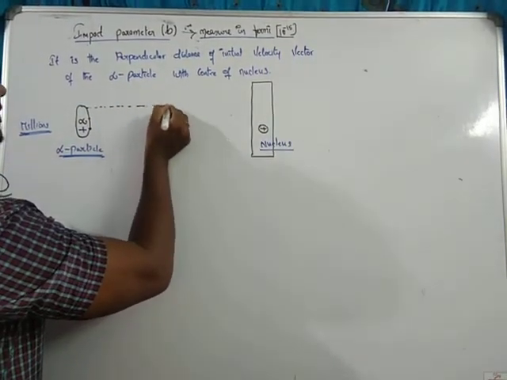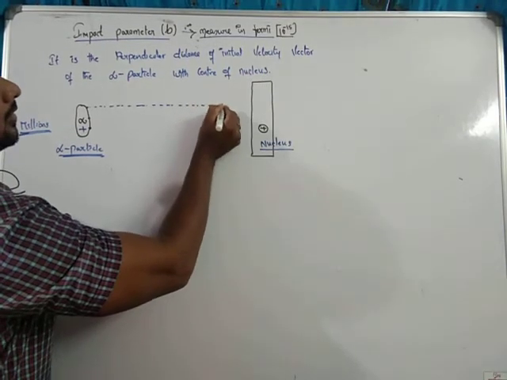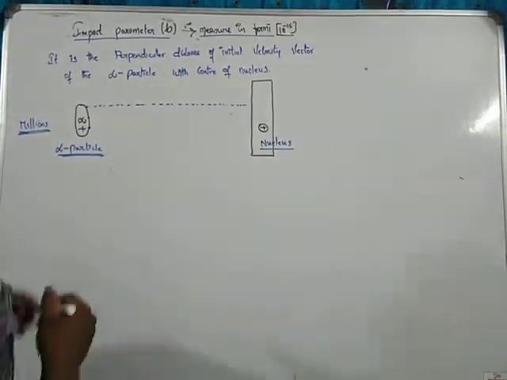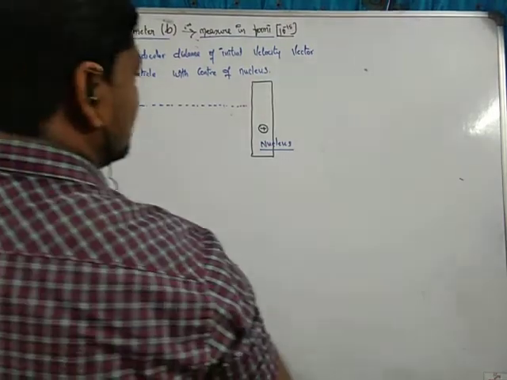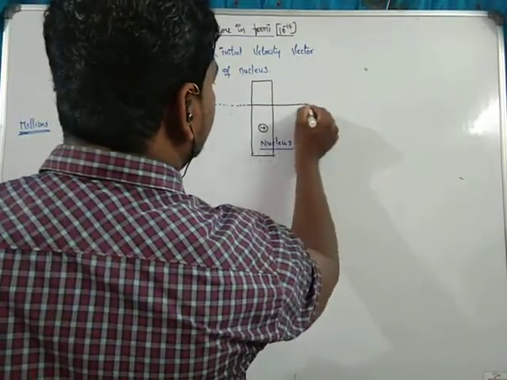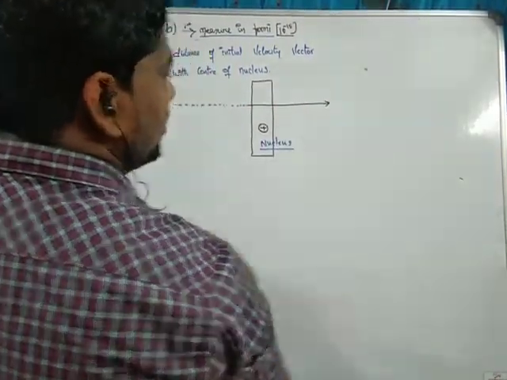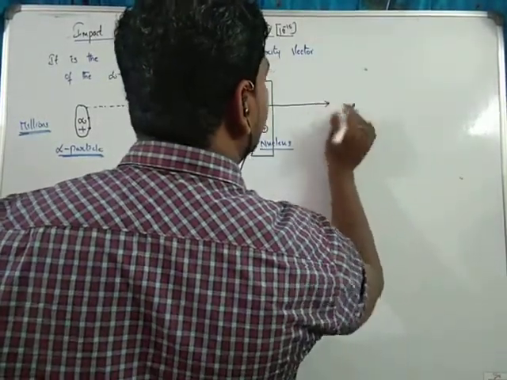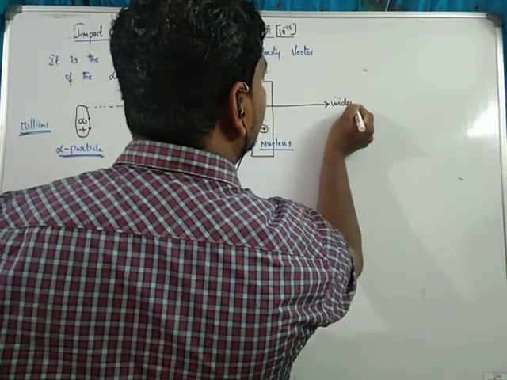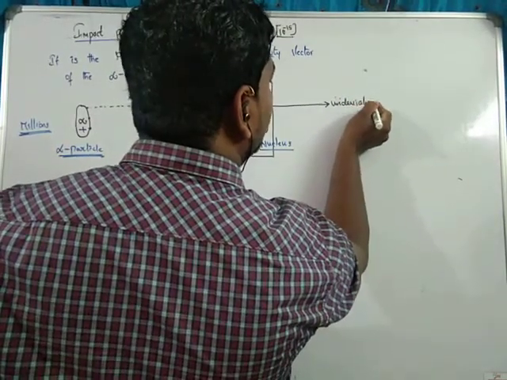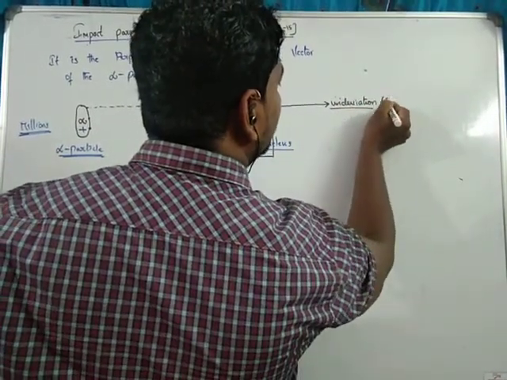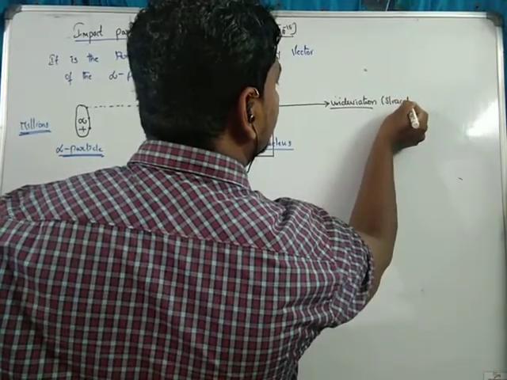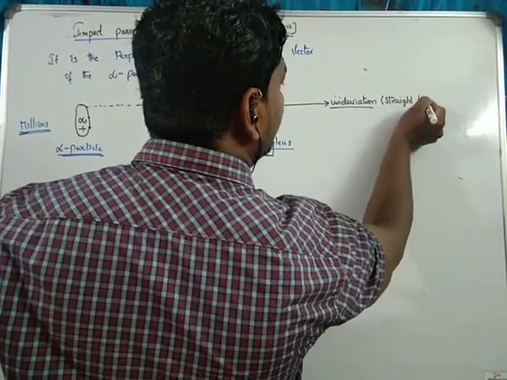When it reaches the nucleus, the object will move in a straight line without any deviation. That's simply no deviation, which moves in a straight line.